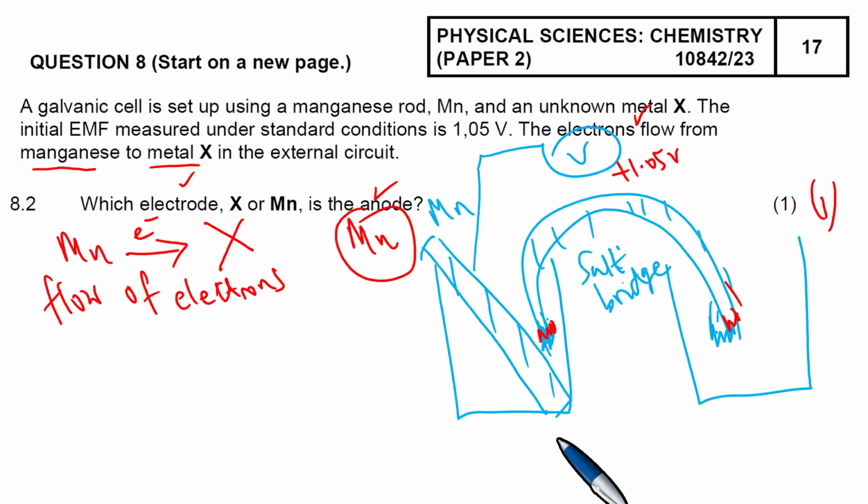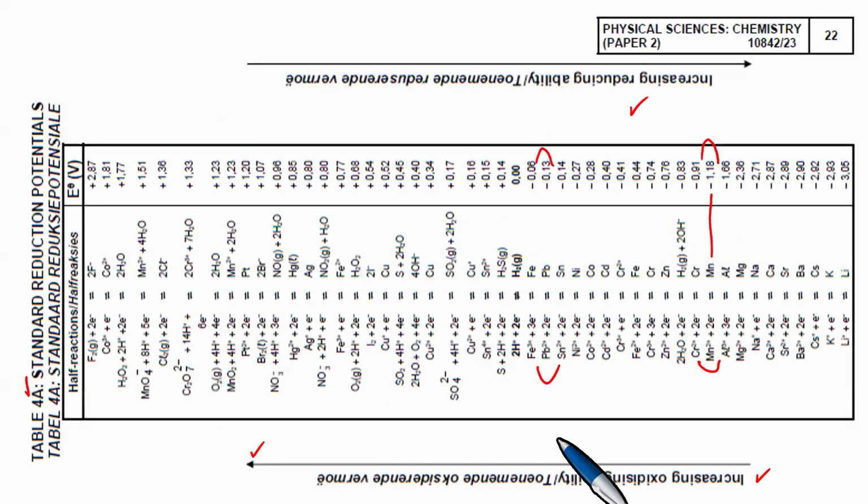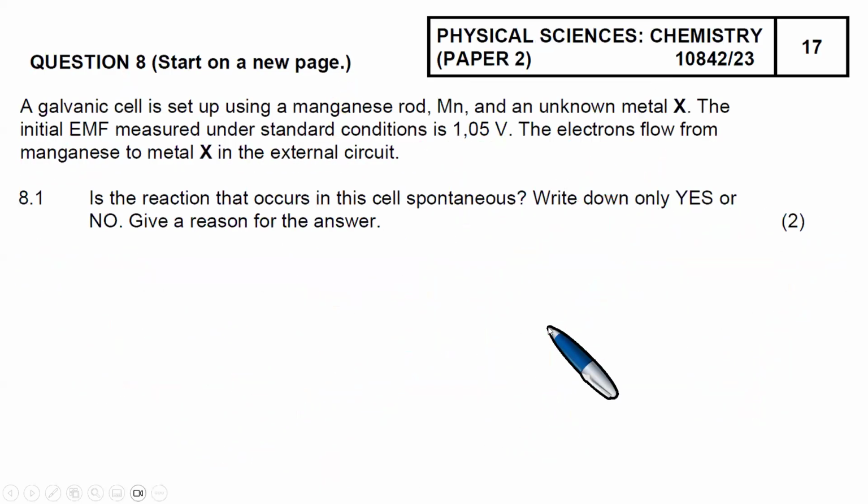If lead is being reduced, reduction is the gain of electrons. So the gain of electrons means that lead 2 plus and 2 electrons will give you lead. You write one arrow, so you write Pb 2 plus plus 2 electrons gives you Pb.